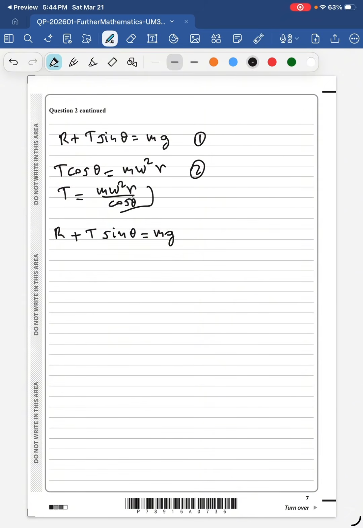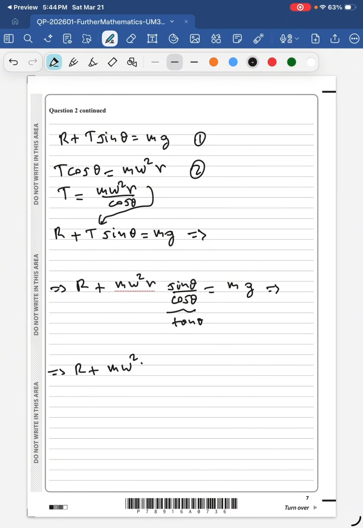And we can plug in for T. So R plus m omega squared r sine theta over cosine theta is m times g, and then this is just tangent of theta, right? So let's write that down. R plus m omega squared r times the tangent of theta is m times g.